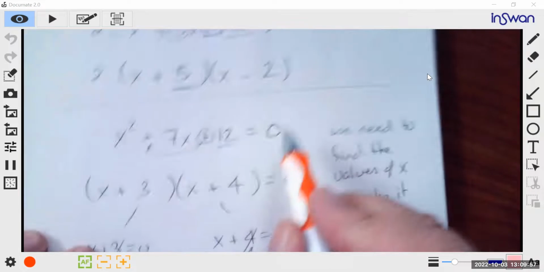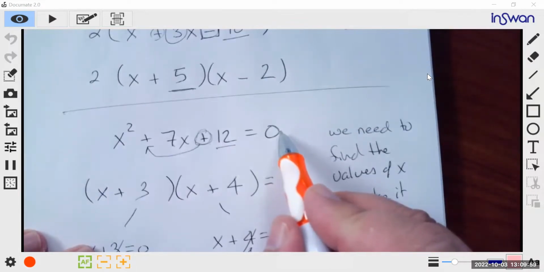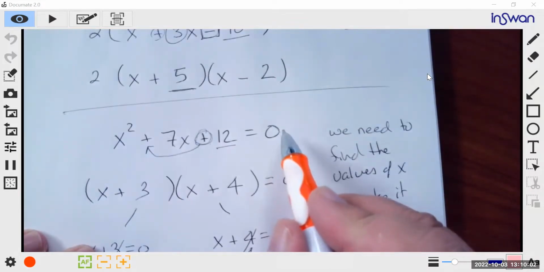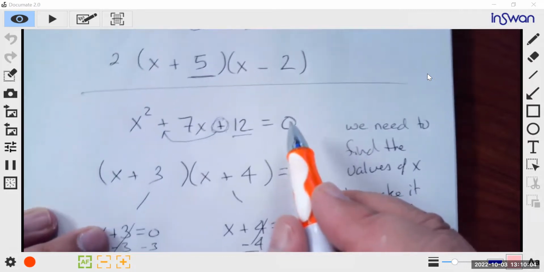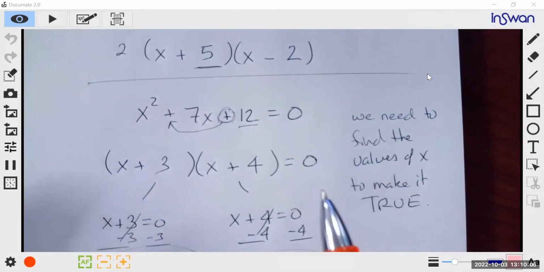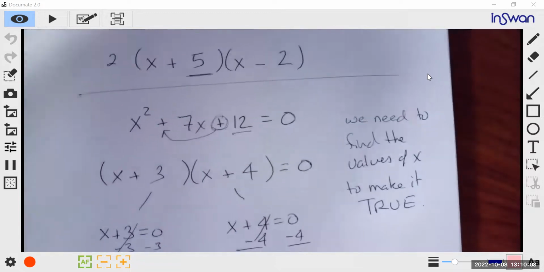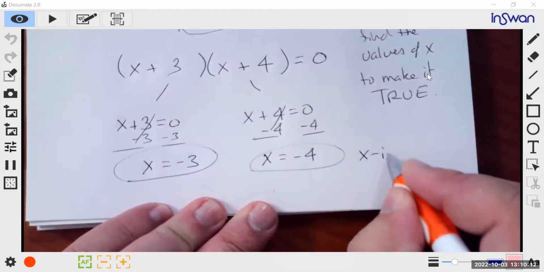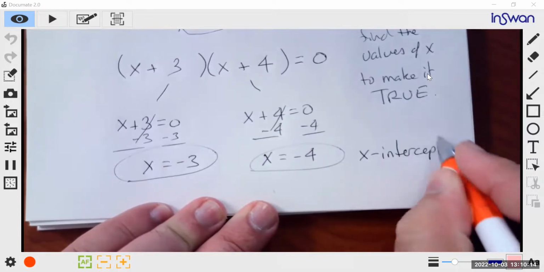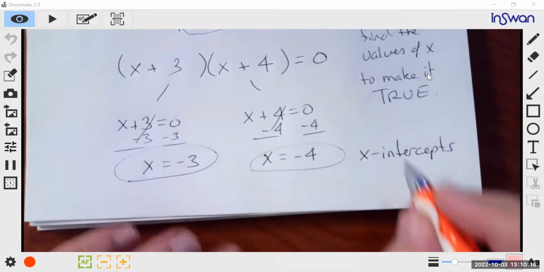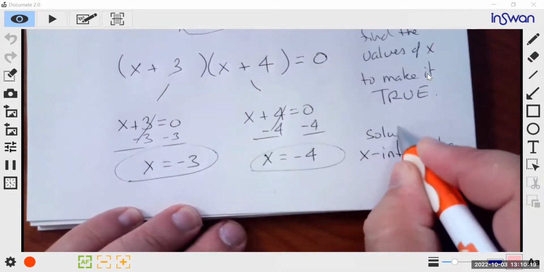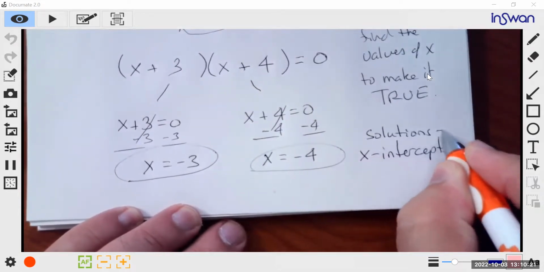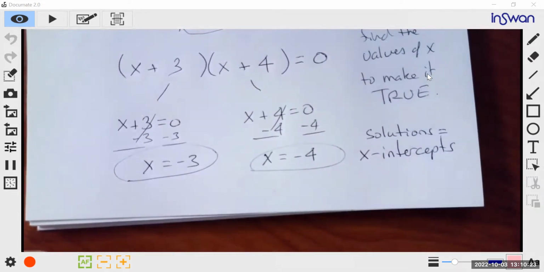If you plug these in there, it equals 0. They are specific plot points. These are your x-intercepts. When you say solutions, that's the same thing as x-intercepts.